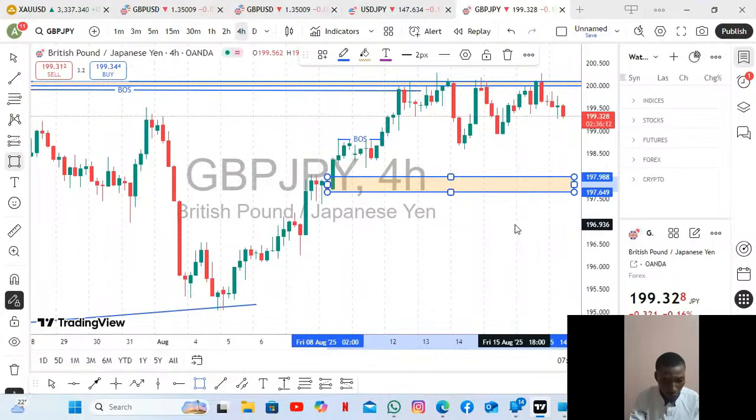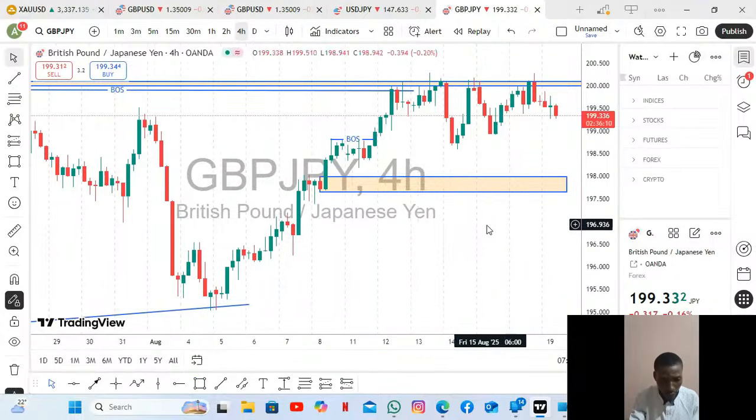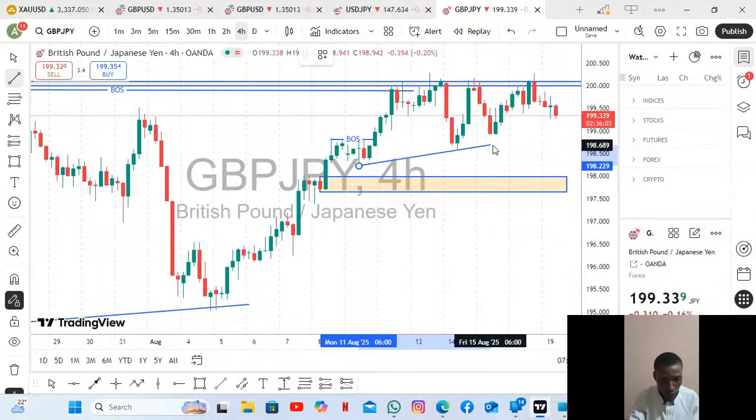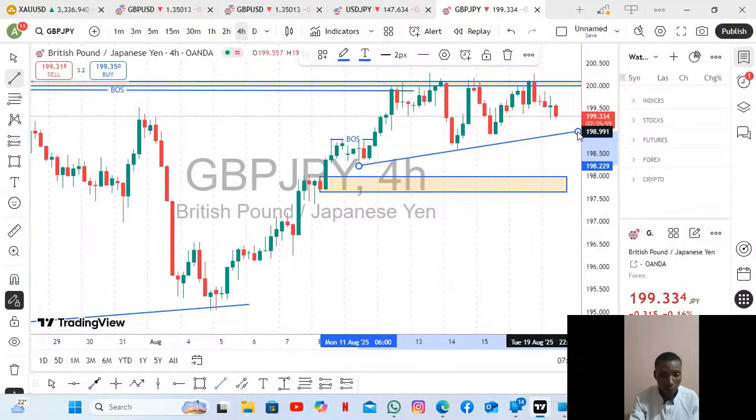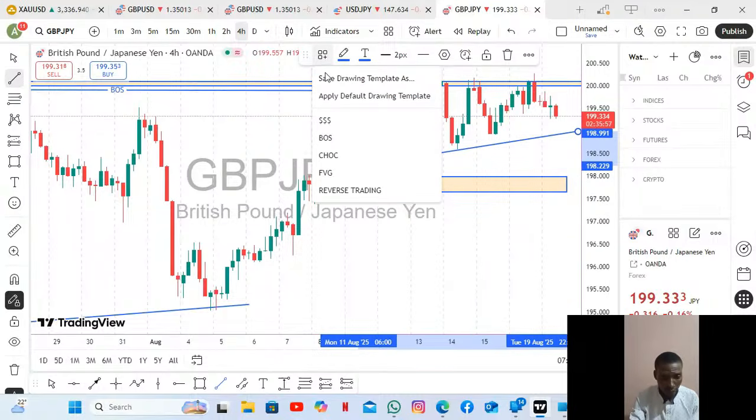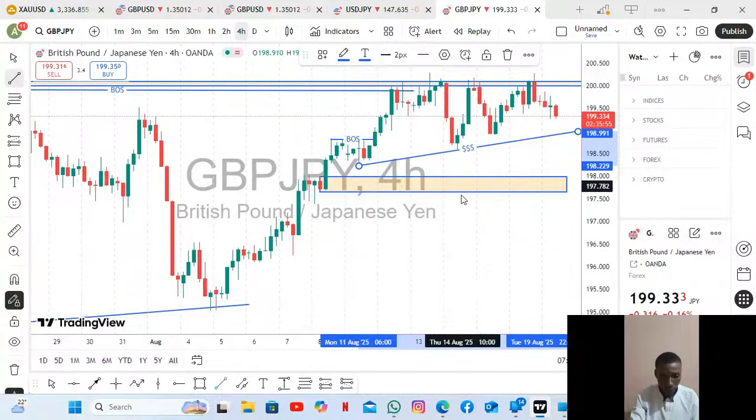Why are we considering this other block for now? Because we can see a fair value gap here, and we can also see another form of liquidity sweep that the market will take to tap into this other block.